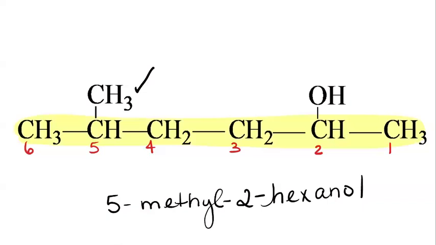So the correct name for this molecule is 5-methyl-2-hexanol. Please remember that when we're numbering the parent chain in alcohols, we're going to start at the end that is closest to the carbon that has the OH group. That's why we had to number this one from right to left.